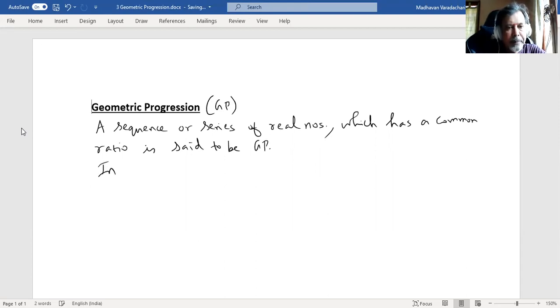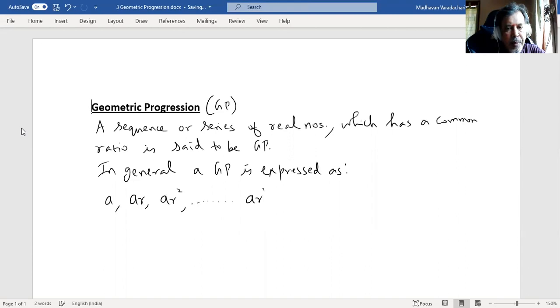In general, a GP is expressed as A, AR, AR square and so on. Let us say AR power n minus 2 and then AR power n minus 1.